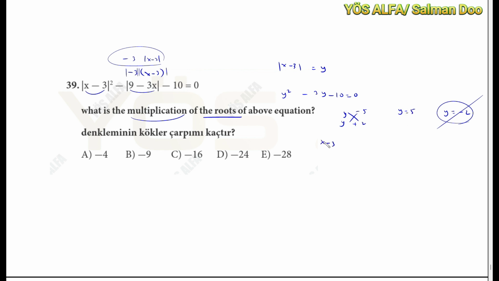So x minus 3 is equal to 5 if x minus 3 is positive. If it is negative, we have x minus 3 is equal to minus 5. From here, we have x is equal to 8 or x is equal to minus 2. Since the question asks the multiplication of the roots, the answer would be 8 times minus 2, which is minus 16.